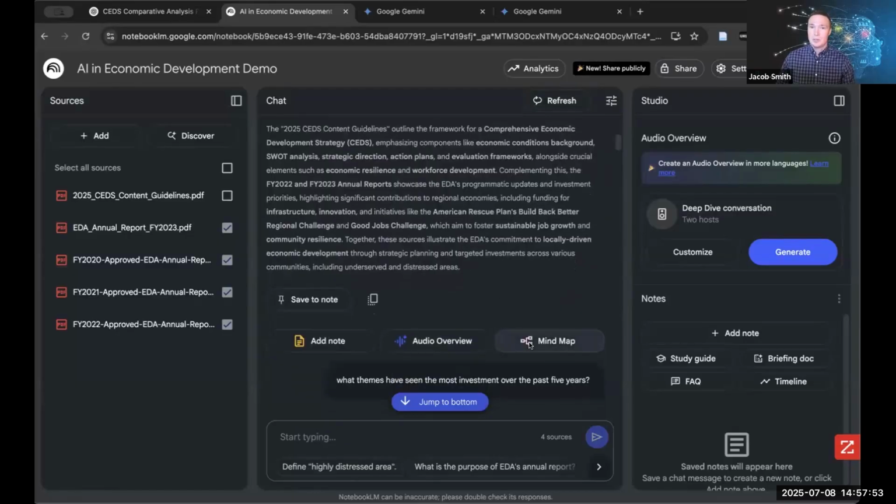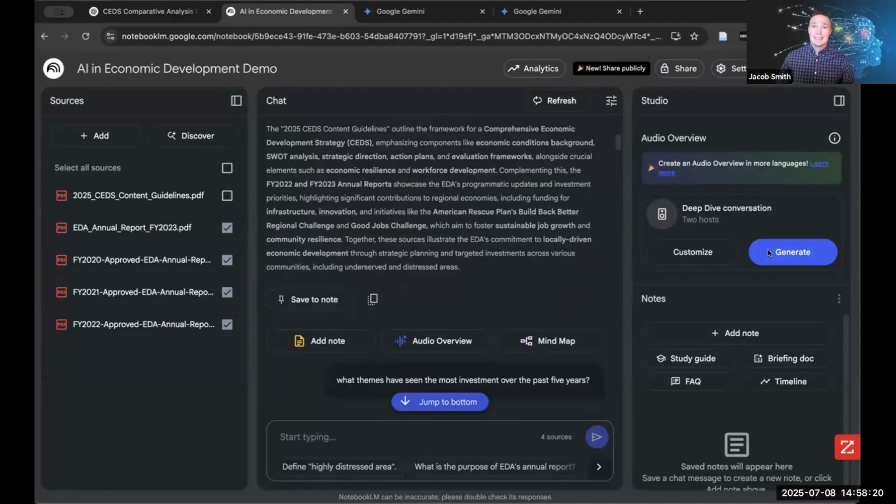If you have a document that you want to turn into a mind map, or if you're an auditory learner, for instance, and you don't want to sit through reading four reports, you just want the high-level key takeaways, within Notebook LM you can generate a podcast-style audio summary automatically. So maybe you're going to go for a walk outside during your lunch break and you want to listen to a summary of all of the economic development annual reports from the past 4 years.